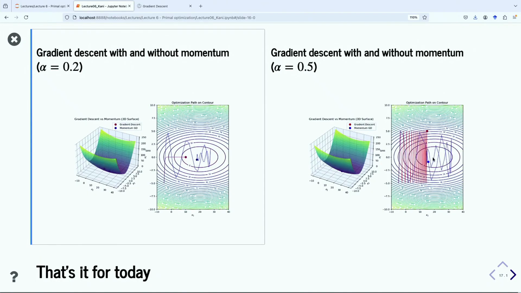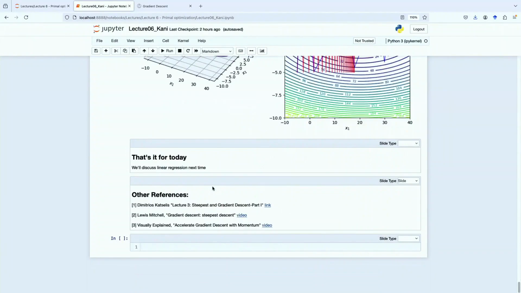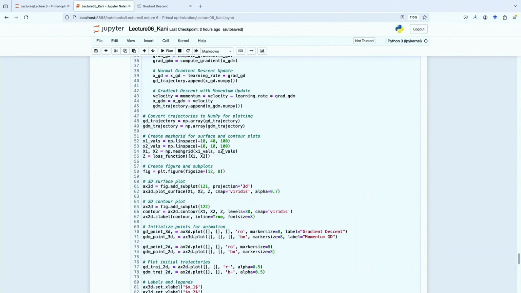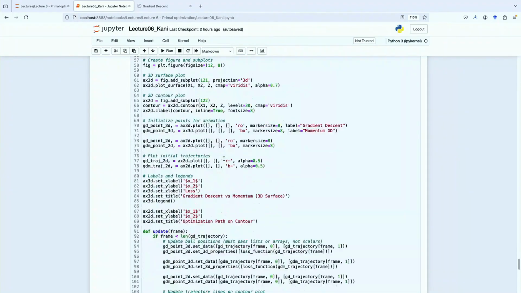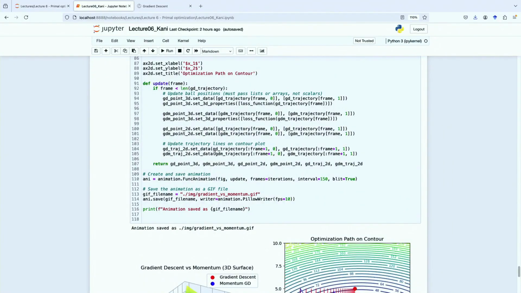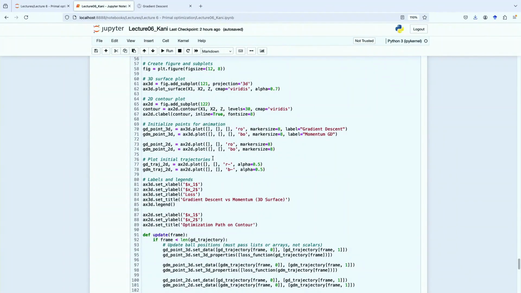Okay, so I think it's a cool visual to see how momentum helps get the values to an optimal point. I included the code here, the code to make the animations. I didn't want to put it in the slide because it's stupid long, but it's really not complicated at all.